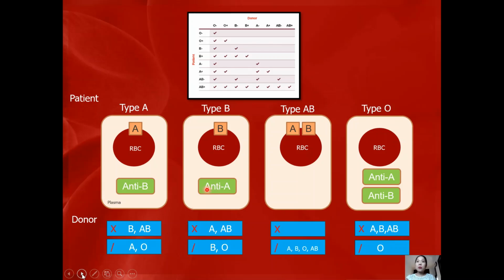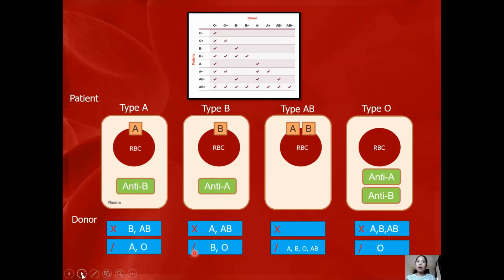For a patient with blood type B, the naturally occurring antibody will be anti-A. And if you have an anti-A antibody, you cannot transfuse a blood type A or a blood type AB to these patients, simply because this anti-A will hemolyze a blood type A and a blood type AB.